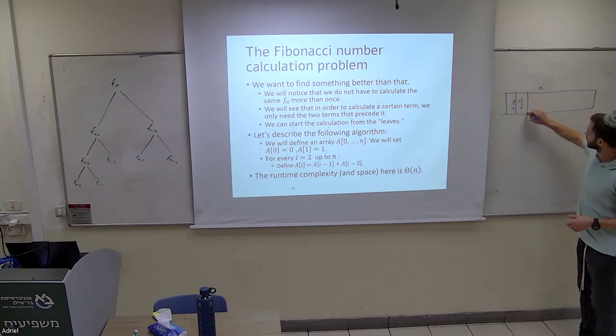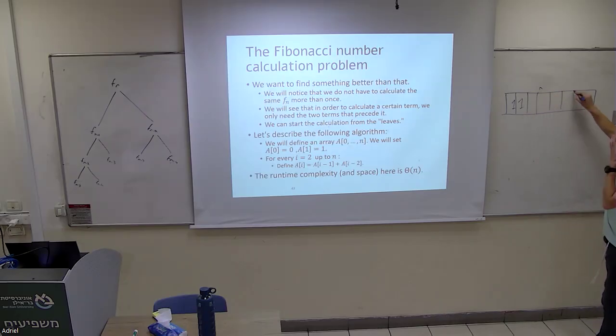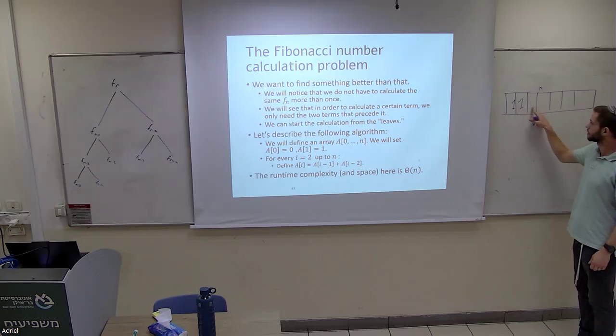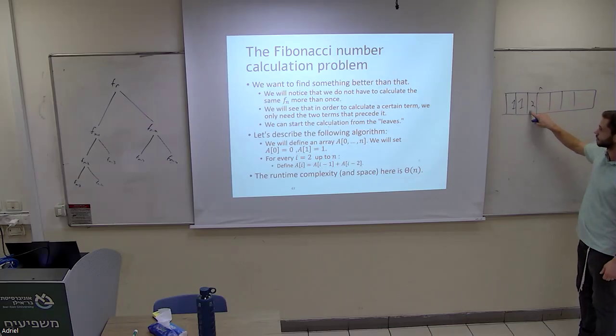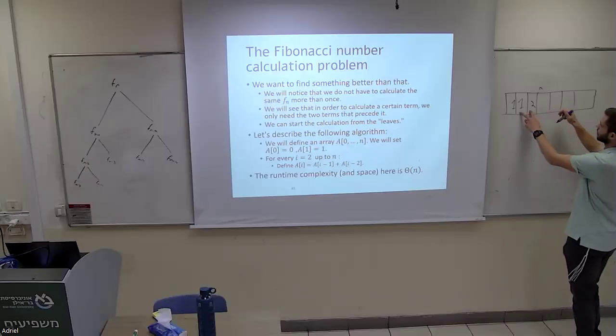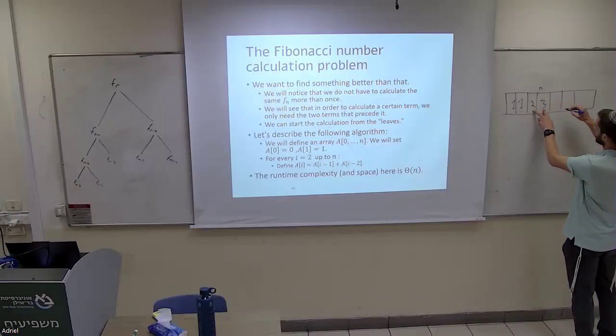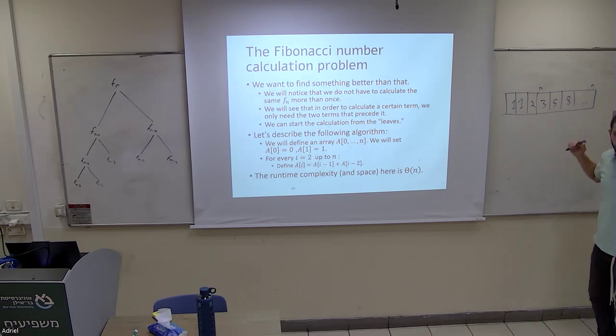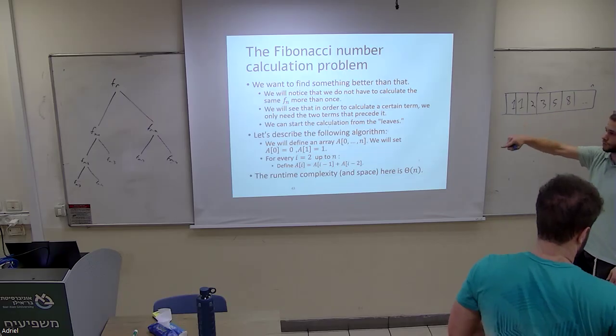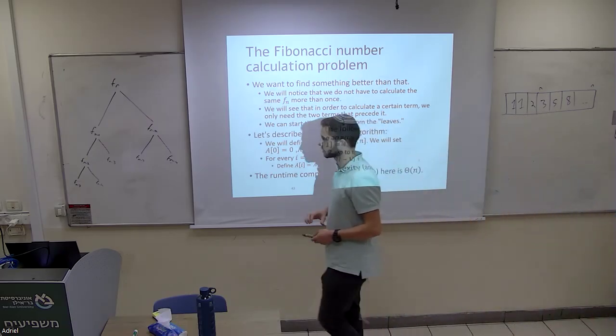For each new cell, we go through the whole array, and each time we calculate this one to be the sum of the past two, the one before it and the one before that. So the sum here would be 2, and then the sum of these two is 3, then 5, then 8, and so we get to whatever the n-th number is, and you can tell it's O of n. Instead of 2 to the power of n, we just saved all those really redundant recursive calls.